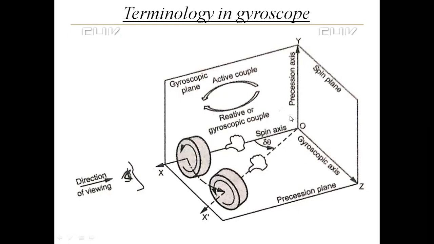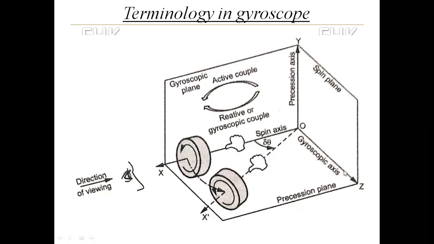And in the precession plane, you can see the precession axis as a point only. If you observe from the top view, you can see the OY axis as a point only.